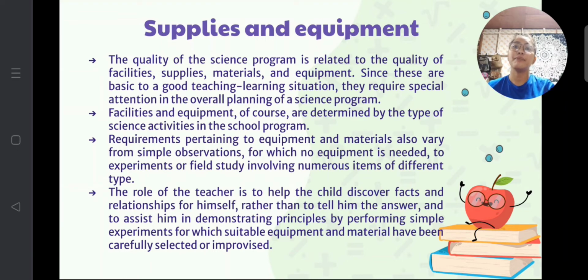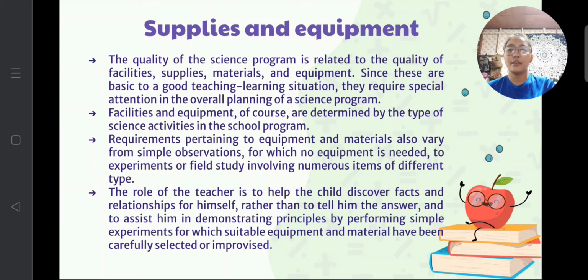So certainly, programs of science should be in harmony with the purposes of the total program of education, which in the main helps children gain values, understanding, and skills consistent with good citizenship in a democratic society. So each school must define its own objectives before making decisions concerning equipment and materials.